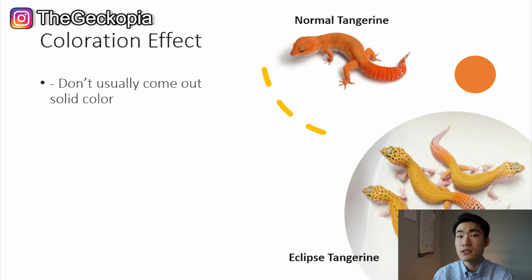And pattern-wise, not all Bell Eclipse are going to have that dot pattern on their head. They can have a super hypo, like baldy pattern with no dots, like the ones you see on the top. But I just thought this was a good example to share when it comes to the colorations. So I added this picture instead of the other ones.